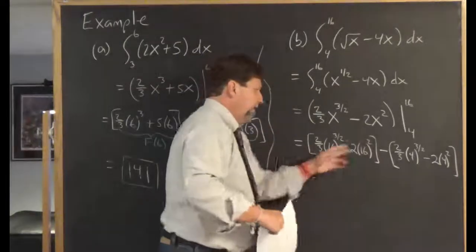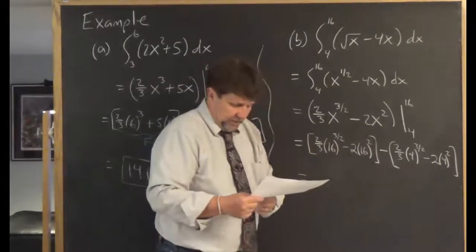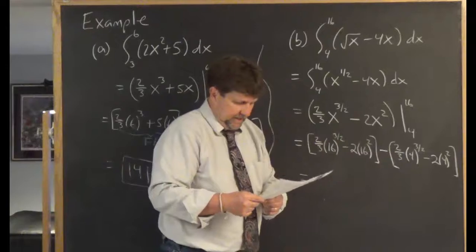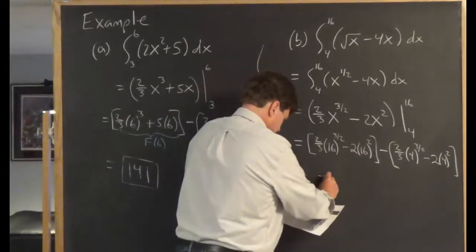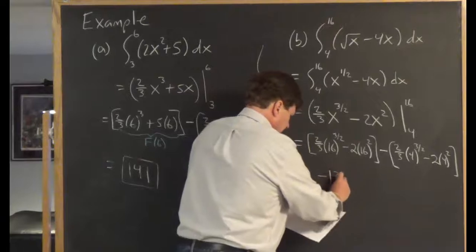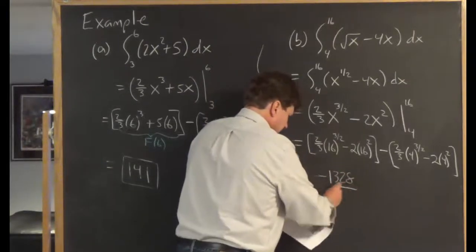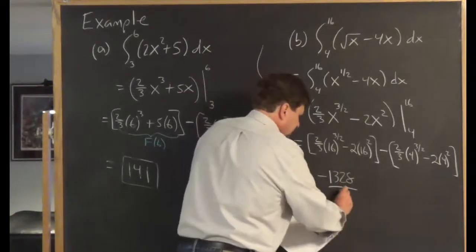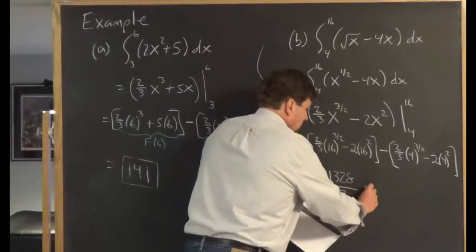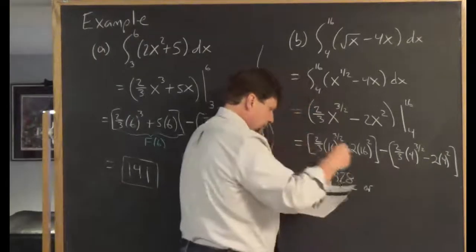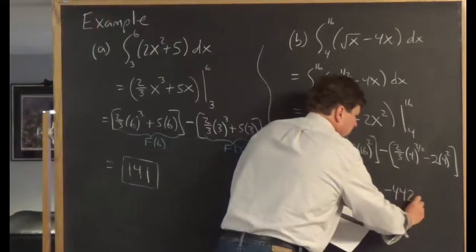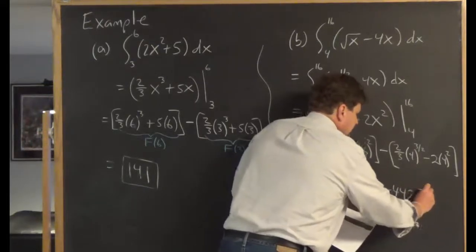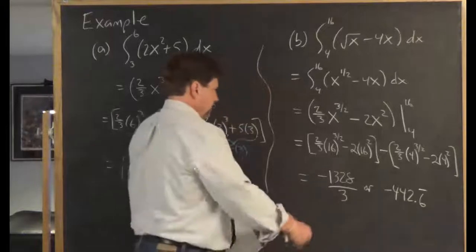And then if you evaluate this correctly, you're going to end up getting, oh boy, negative 1,328 over 3. Or as a decimal, it's negative 442.6, and the 6 is repeating.